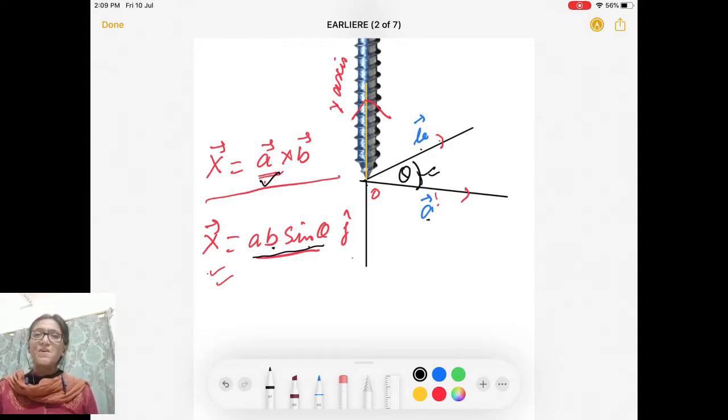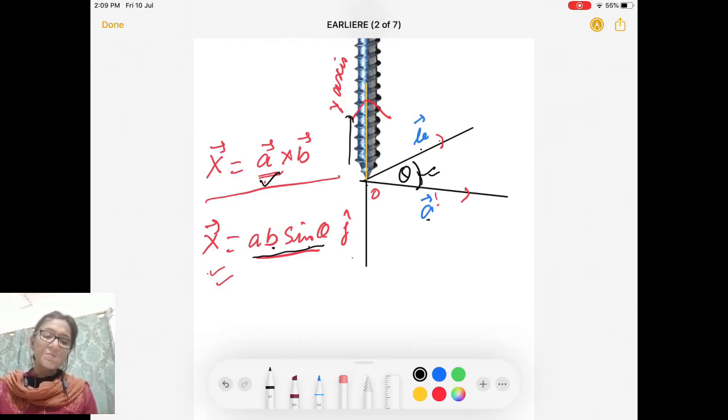When you move any screw in the anti-clockwise direction, it comes out. It does not go in with anti-clockwise motion. The screw comes out, so the motion will be in the upward direction.